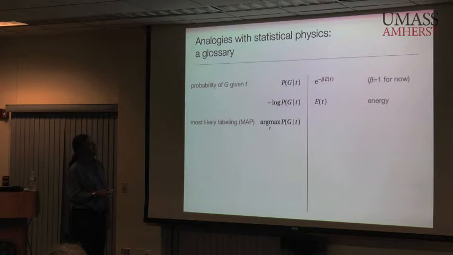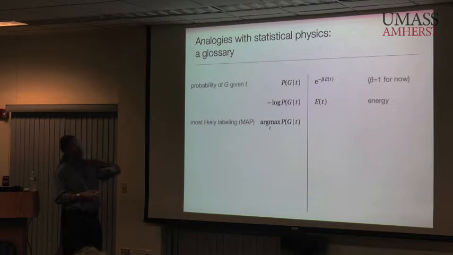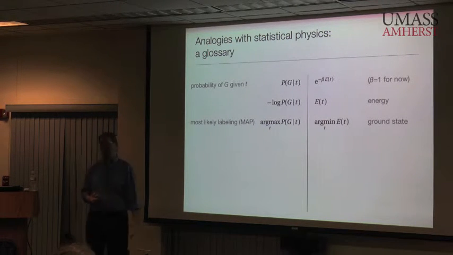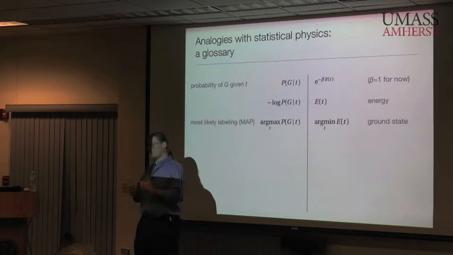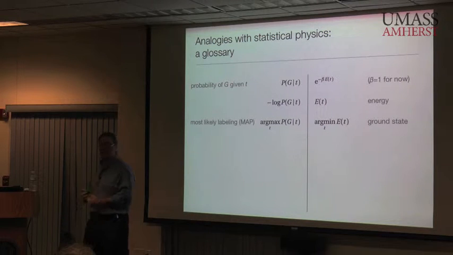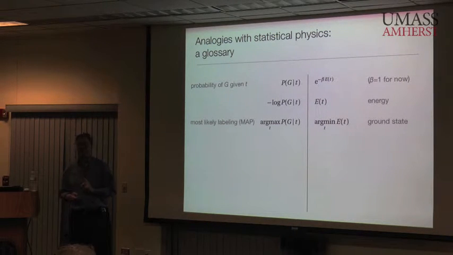So this is the labeling which maximizes the probability of getting the data, assuming, for simplicity, for the experts, that there's a uniform prior. Well, physicists call this the ground state. It's the arrangement of the atoms or the labels or whatever that has the lowest energy. I will argue that this is actually not what we want to know.